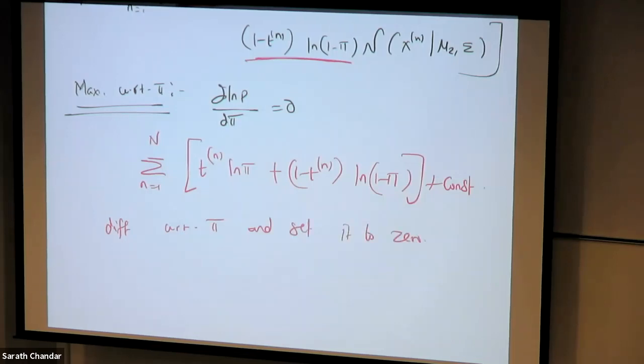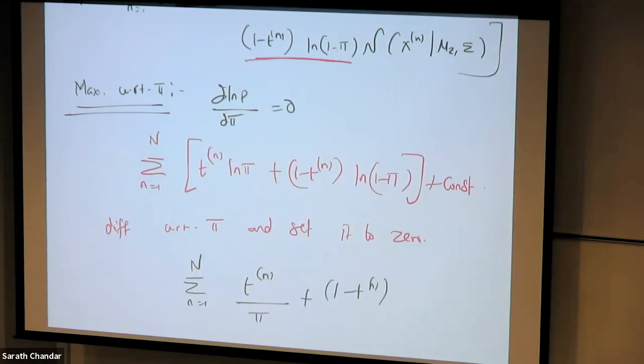So it's very easy. Summation over n, t of n. When I differentiate ln pi, can someone tell me what is the differentiation of ln pi? Yeah, 1 over pi, plus 1 minus t of n.